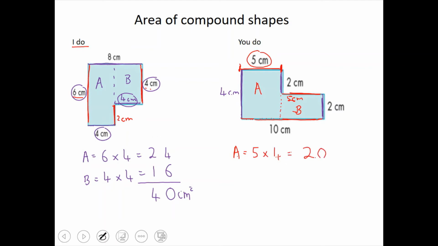And shape B, 5 times 2. So in other words, 5 times 2 equals 10. Same as our previous question, I need to add up shape A and B together, which is going to be 30, and just the correct units, which are centimeters squared.